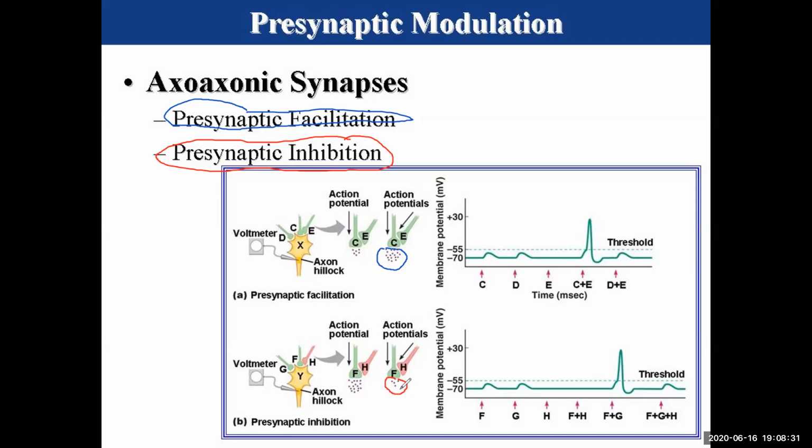Less neurotransmitter means less EPSPs: less ATP, less EPSPs, less glutamate, less EPSPs, less serotonin, less EPSPs, less ACh, less EPSPs, right? So we call these presynaptic facilitation and presynaptic inhibition.